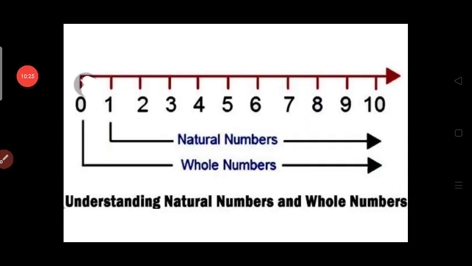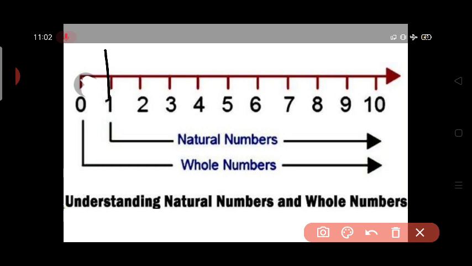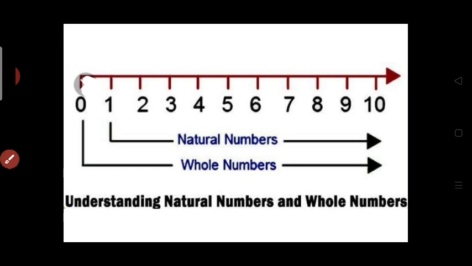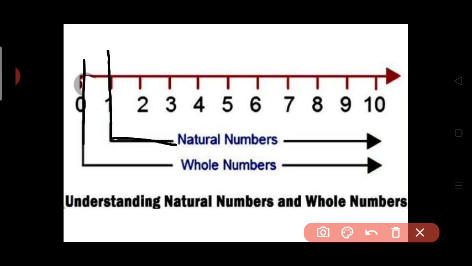After knowing all the differences, now we can differentiate between natural numbers and whole numbers. What is the difference between natural and whole numbers? Every natural number has a successor, and a whole number also has a successor. Whole numbers start from 0 and natural numbers start from 1. Okay.